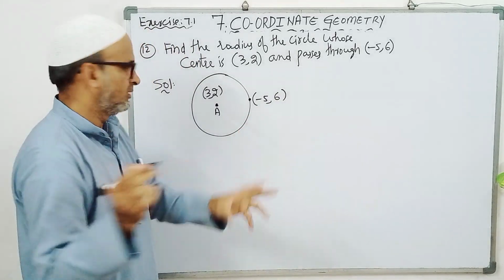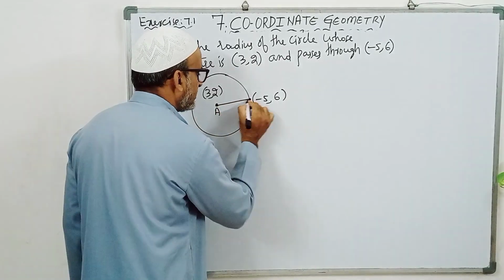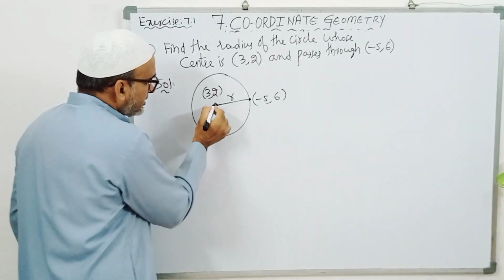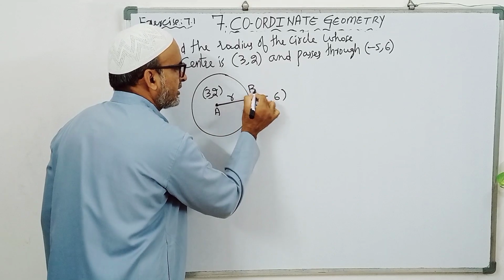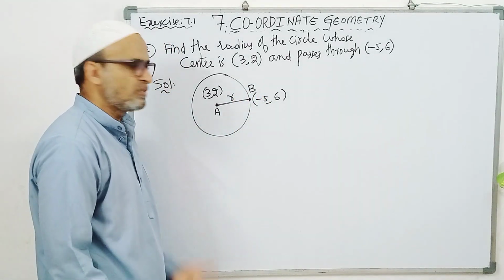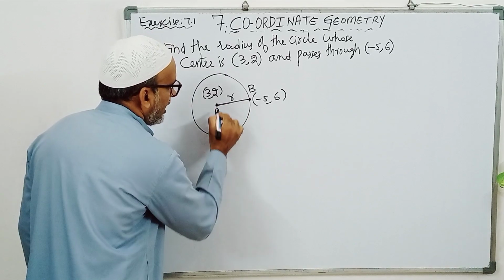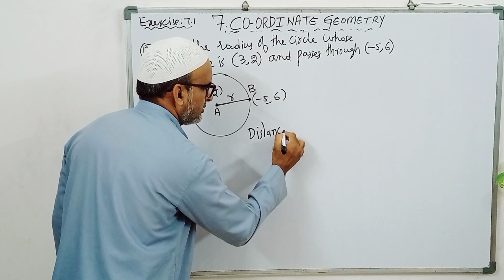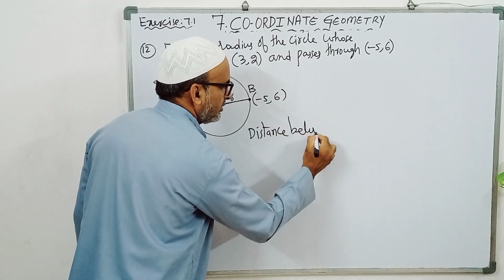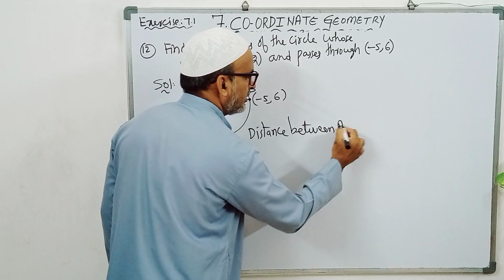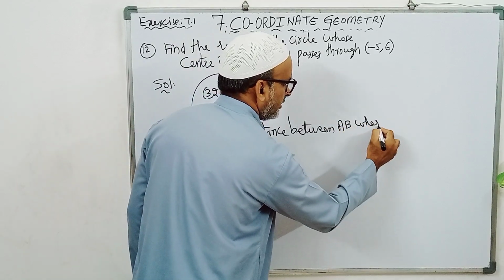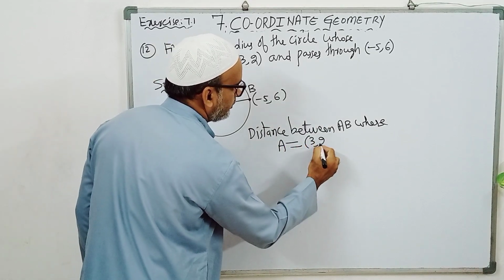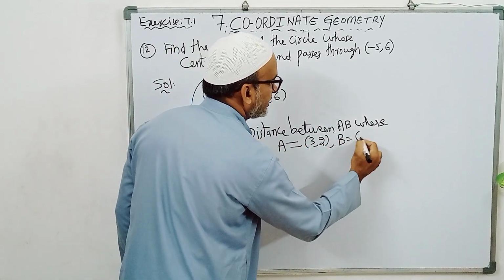Simple, that much. If I join from here to here, this is nothing but R. This is the radius. What is the value of radius? Radius is nothing but the distance from A to this point. This point I am taking as B. Now R is nothing but the distance between A, B, where A is equal to 3, 2 and B is equal to minus 5, 6.